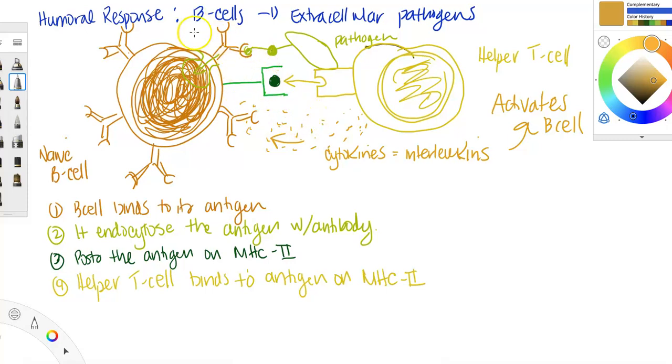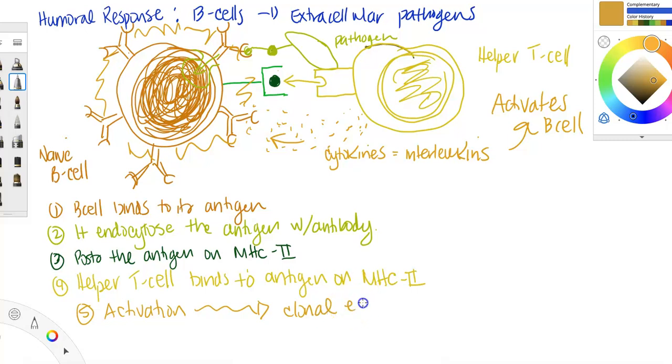So once this thing is activated, let's come down here. So number 5, activation. Once it's activated, it goes through clonal expansion.